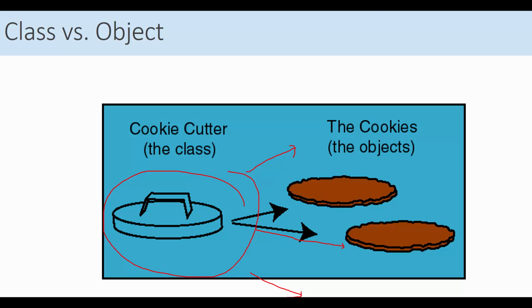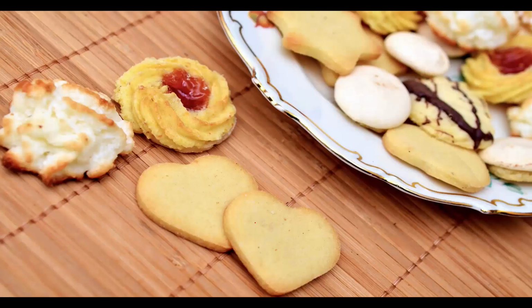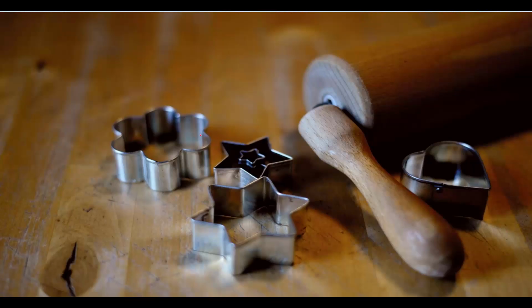You can change the flavor, you can change many other things, but at least now the shape of the cookies and the size also is the same. Here are different types of cookies. They are of different shapes. Definitely they have been created with different cutters. If I look, so here we have only one cutter for each shape.